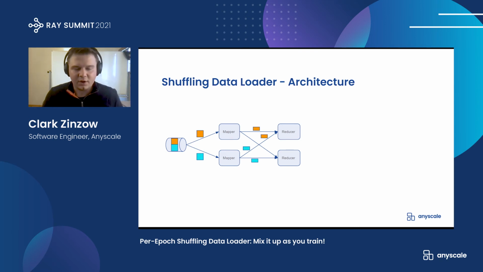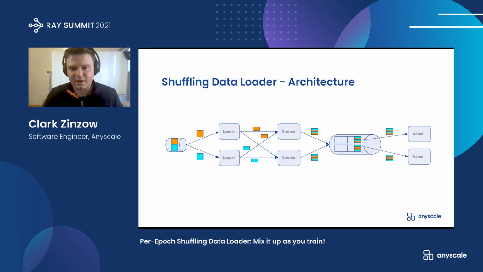So mapper 1 will send num-reducer partitions out, so further chunking of the data. And then the reducer is in charge of shuffling that data and then sending that data to this global queue. And internally, that global queue will have a couple of local queues that each trainer will pull from individually. And so that's really just the shuffling implementation.